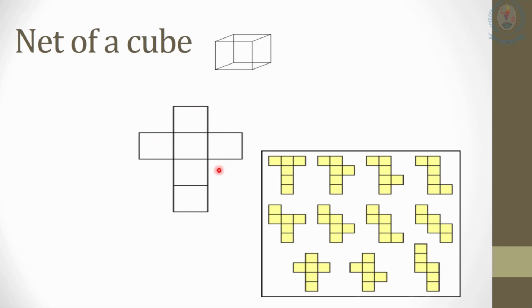Here this is the net of the cube, and there are some different shapes of nets and all are formed of squares. 1, 2, 3, 4, 5, 6. In the cube we know that there are 6 faces and also the net has 6 parts. All are square shaped parts. I think wherever you see a net of a cube, you can recognize, oh, that is a net of a cube.